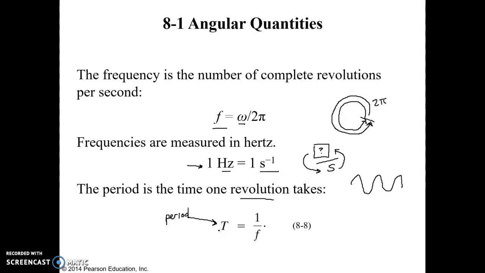And I think T is used here to represent time. We can't use p, that's already used for momentum, so I believe that's why it uses capital T for time. It is 1 over frequency. So if you take 1 over 1 per second, we just invert the denominator and we end up with seconds.